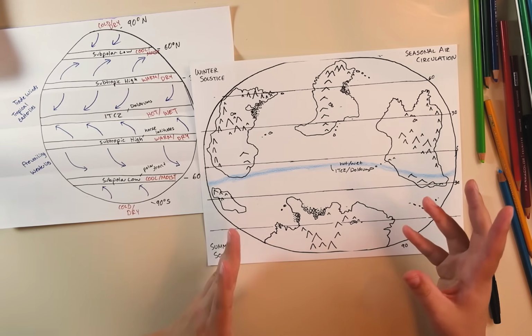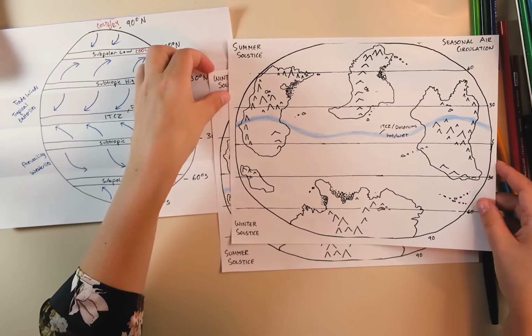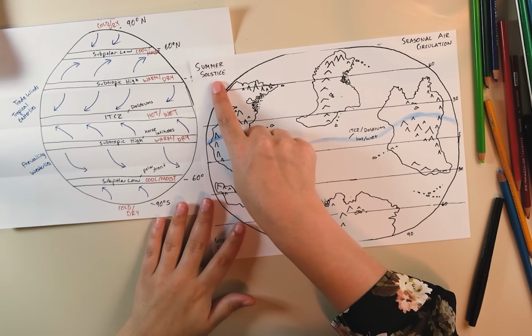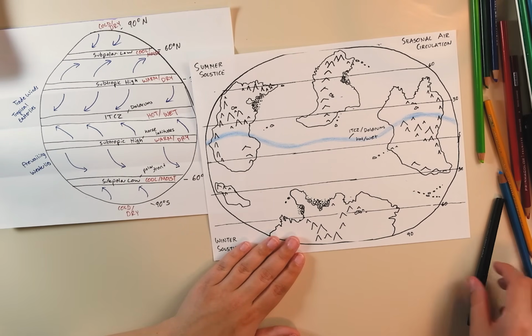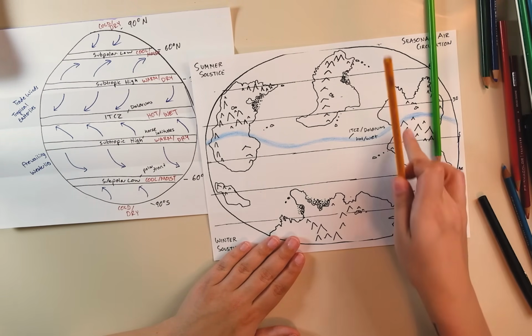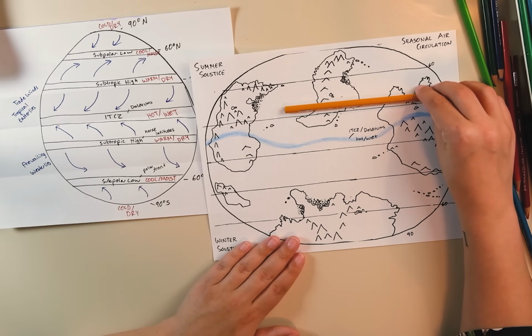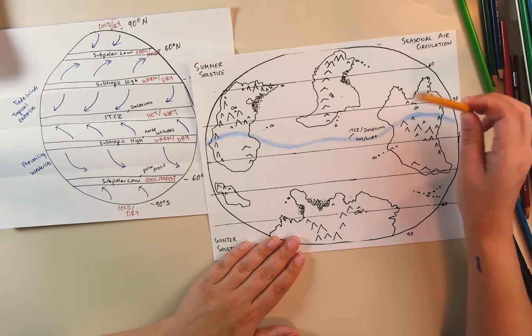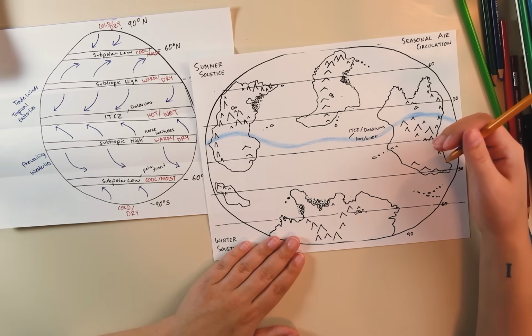So now we're going to move on to the subtropic high belt. Again, we're going to start with our map with the summer solstice at the top here. And these belts will be between roughly 30 and 35 degrees north or south. And they should be closer to the poles, 35 degrees, in summer, and further from the poles in winter.